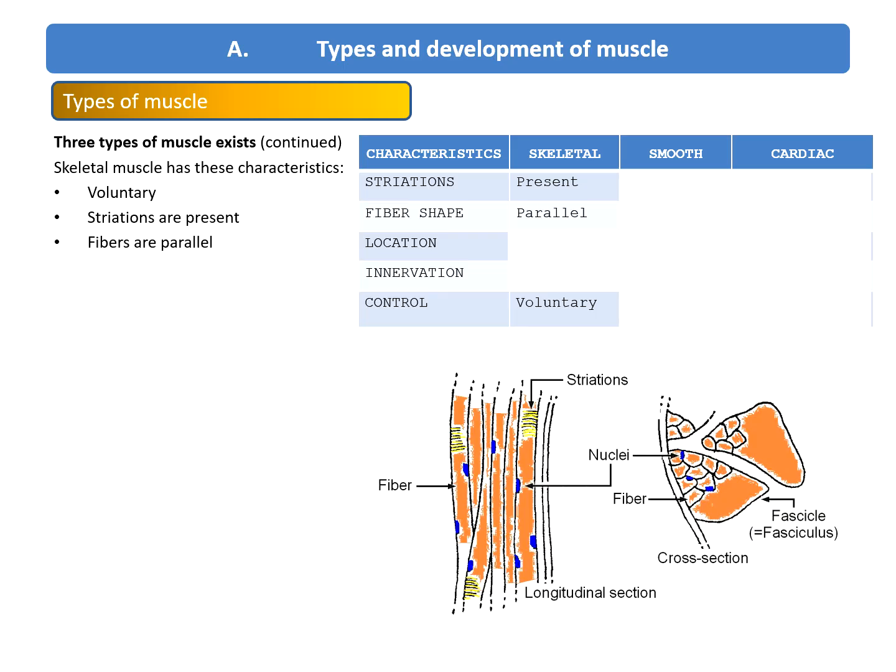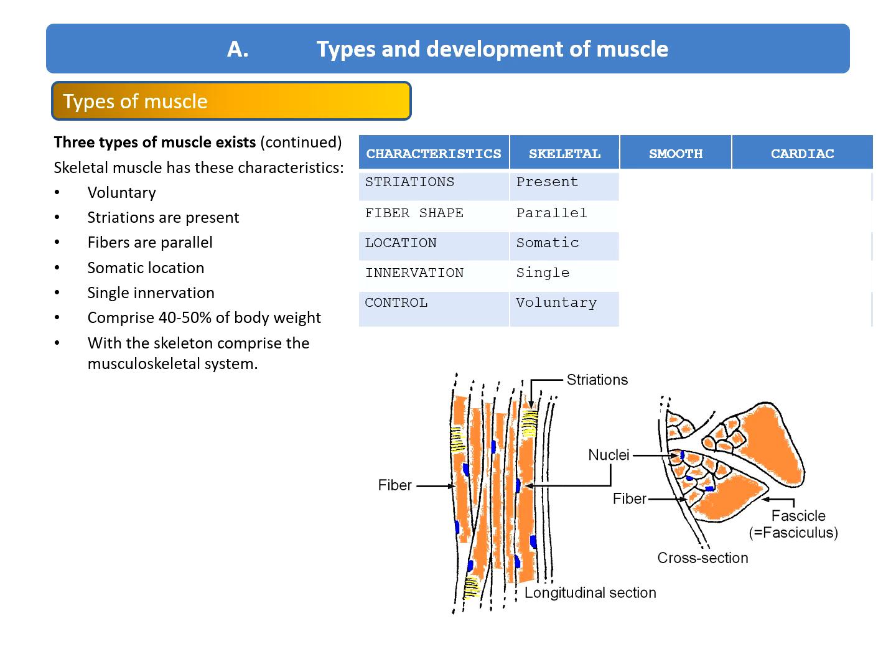The fibers are parallel in shape, and they're located in the somatic part of the body. In addition to that, they have a single neural innervation. This will make more sense when we get to the nervous system. They comprise 40 to 50% of the body weight. With the skeleton, they comprise the musculoskeletal system.